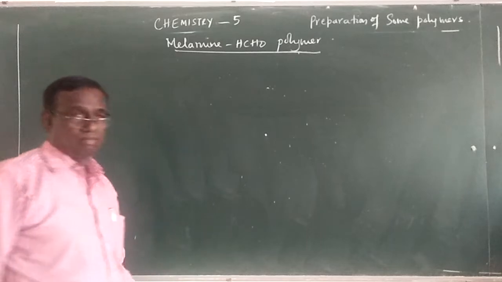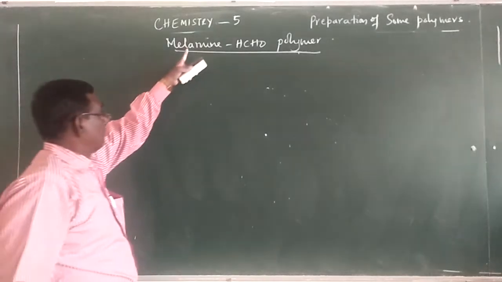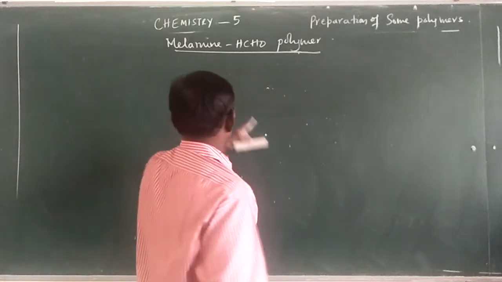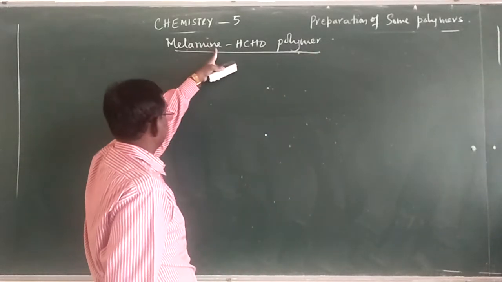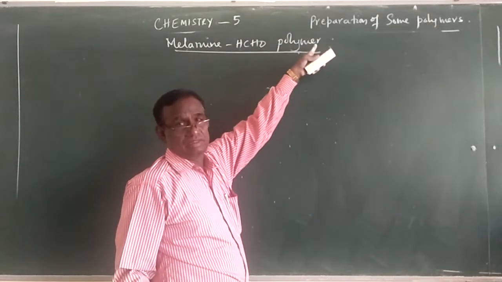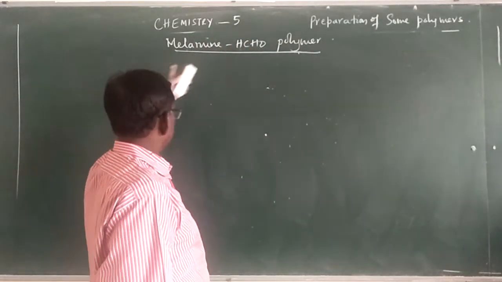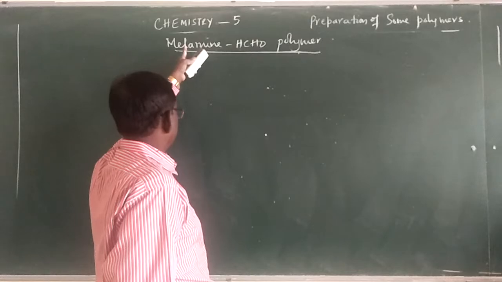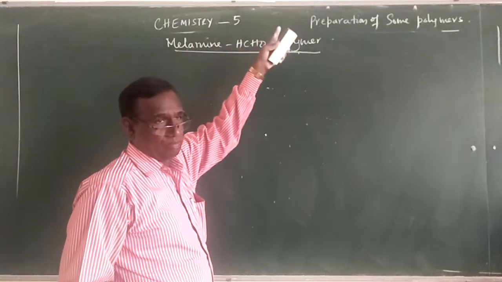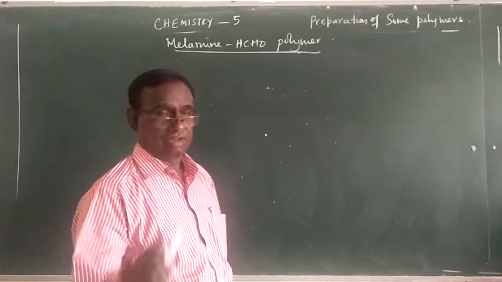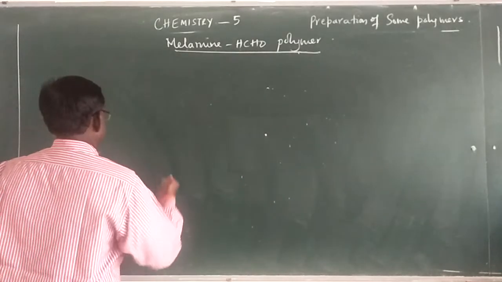Melamine formaldehyde polymer is obtained by the condensation polymerization of melamine with formaldehyde. Of course, it is a resin. So how is it obtained? Melamine formaldehyde polymer is obtained by the condensation polymerization of melamine with formaldehyde. That's all. Only one sentence you have to write.